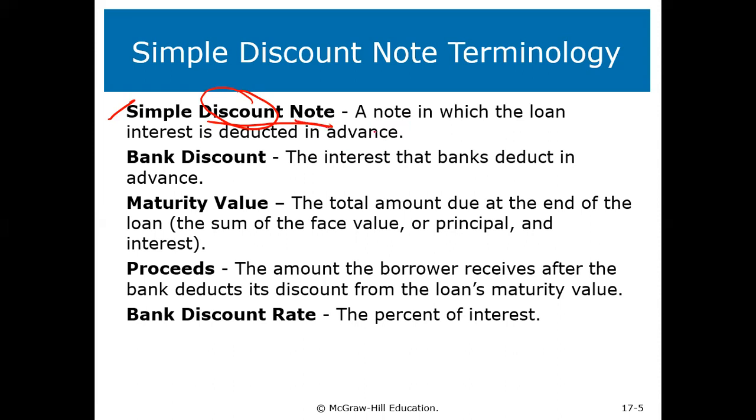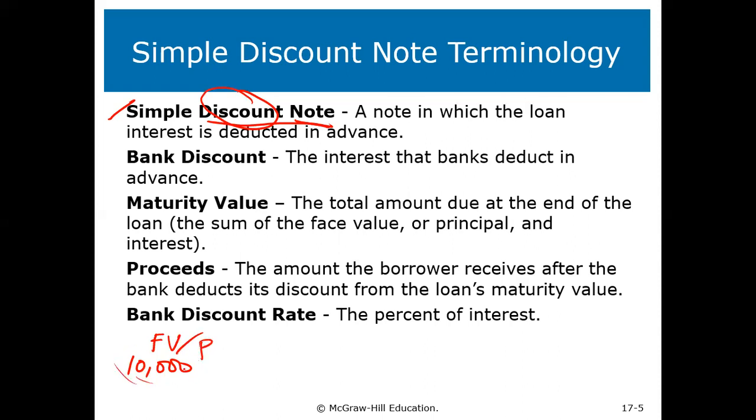A simple discount note is a note in which the loan interest is deducted in advance. So for example, if I borrow 10,000 now, and it's a discount note, I sign a promissory note that I'm going to pay this in 60 days, for example. The amount that I'm going to get is not the face value. This is the face value or the principal.